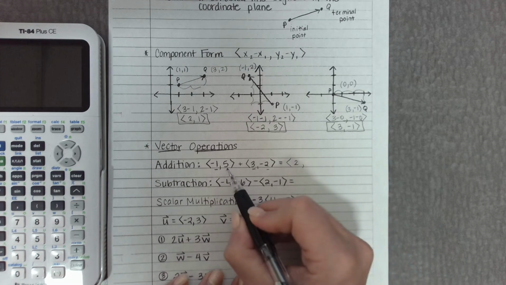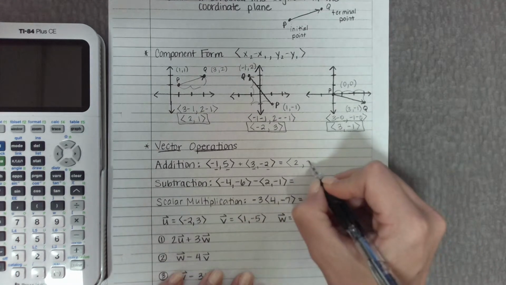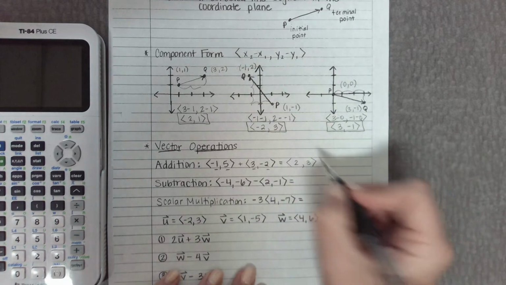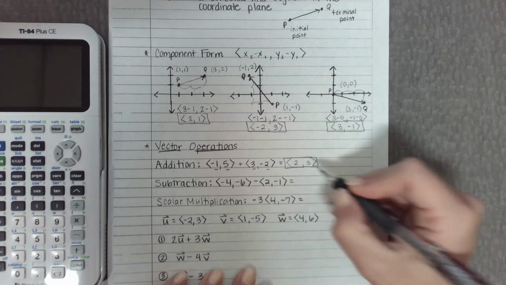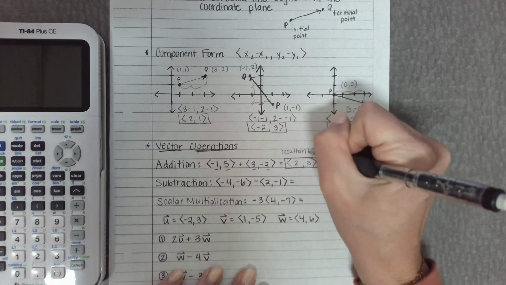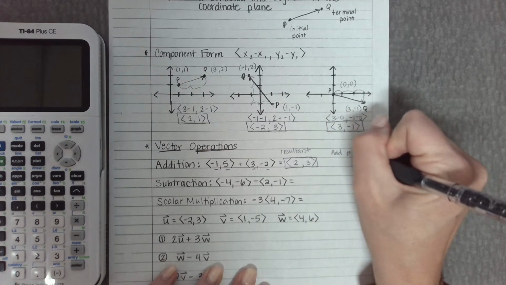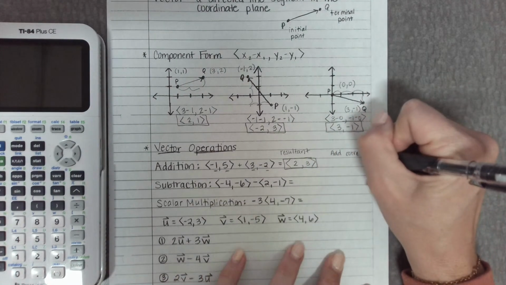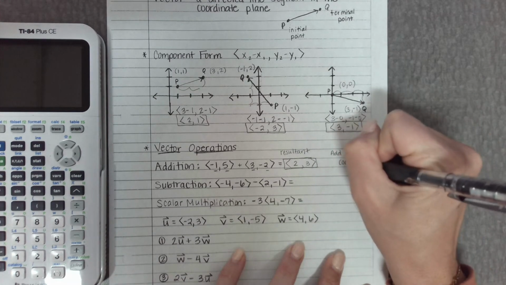And then for our y's, we're going to add 5 to negative 2, and we're going to get 3. That's our y component. That's our answer, 2, 3. The answer is sometimes called the resultant vector. So what you're doing here is you're adding corresponding components.